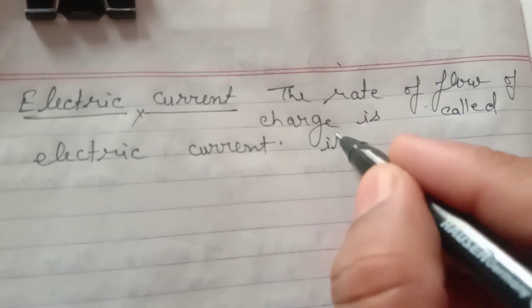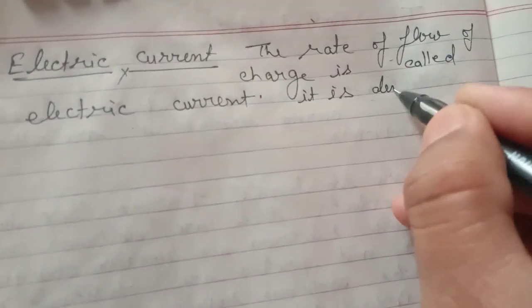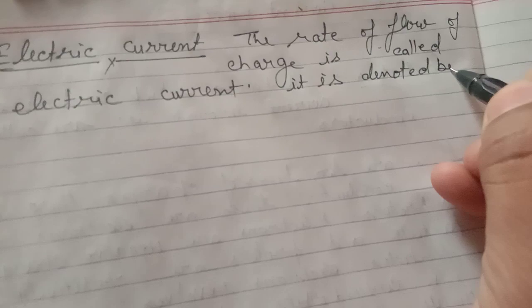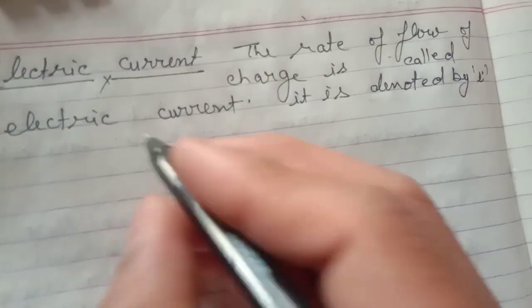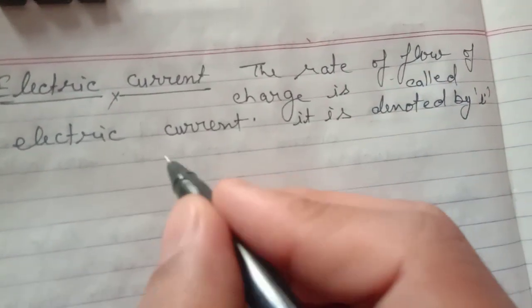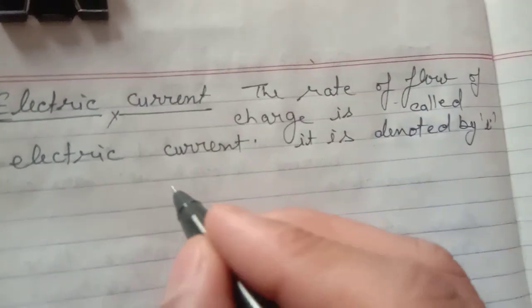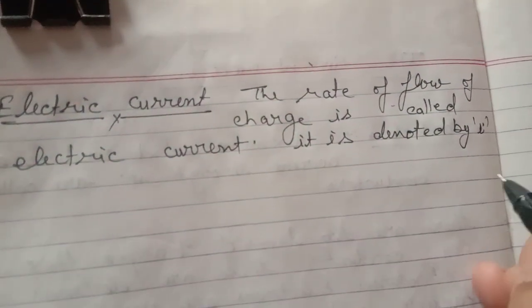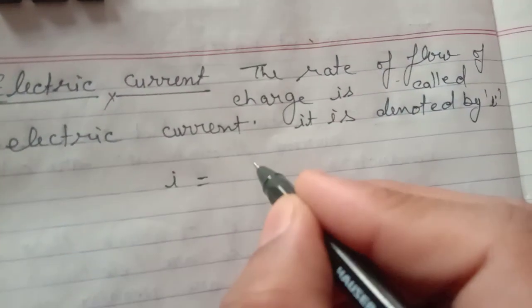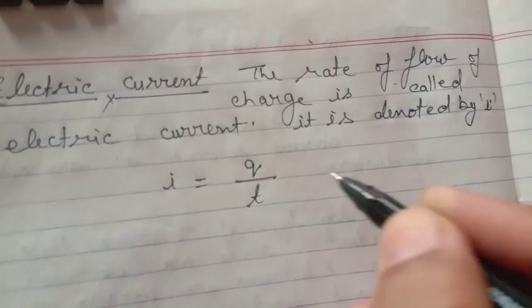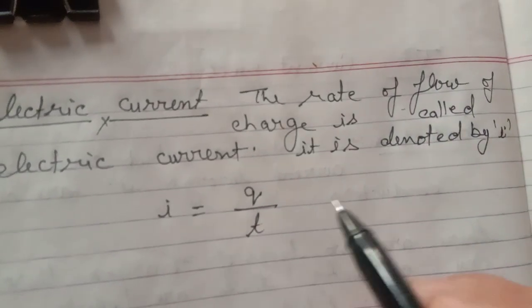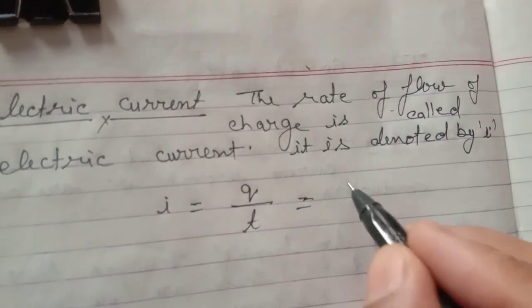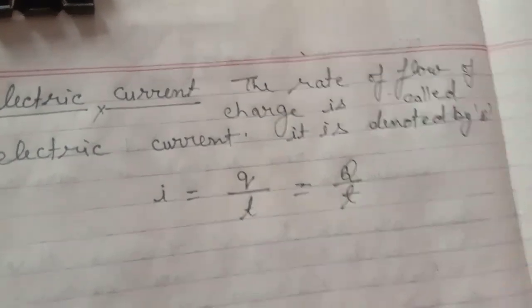That is denoted by I. Then I is equal to Q upon T, the rate of flow of charge. Either you may use a small q or capital Q, that doesn't matter.